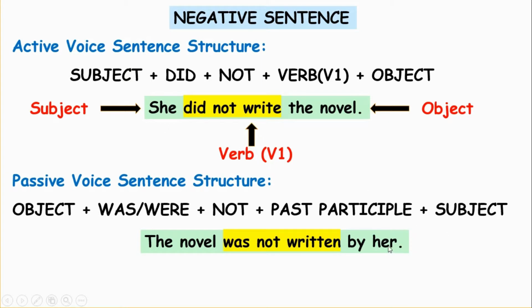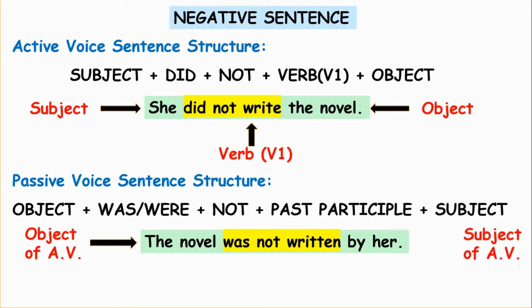She has become her. Okay, so here object of active voice is the novel, subject of active voice is she, it has become her over here, and verb V3 is written. Okay, so the novel was not written by her.